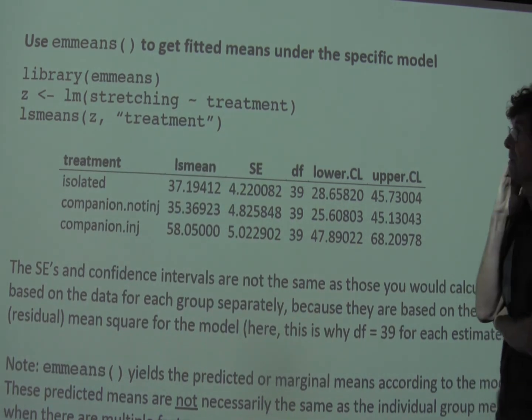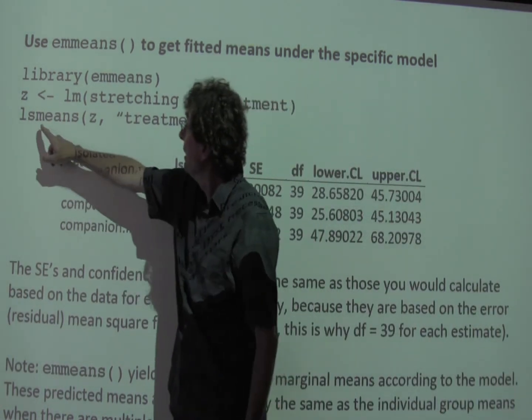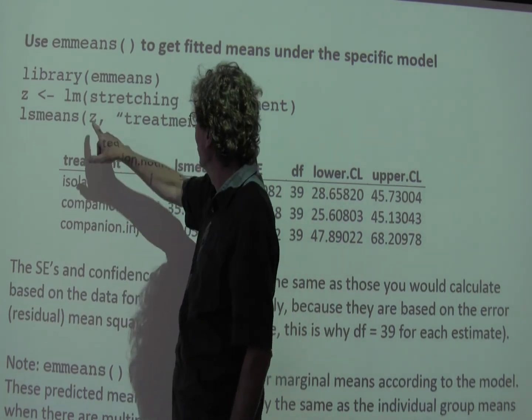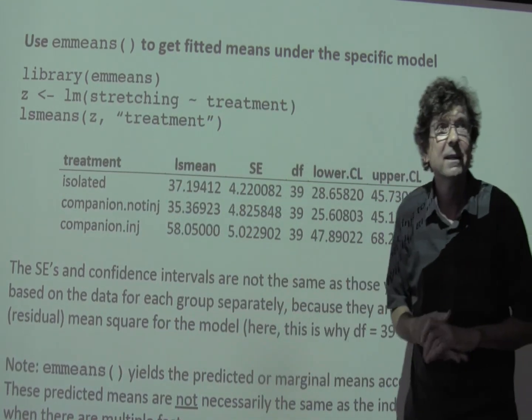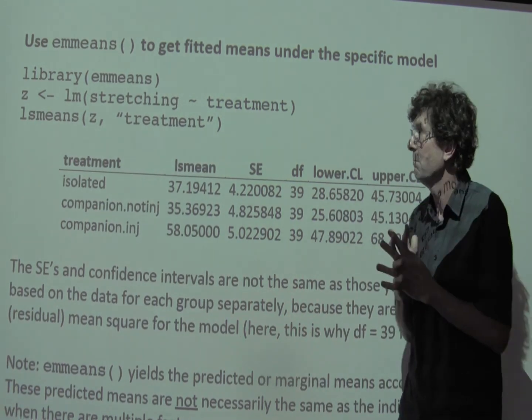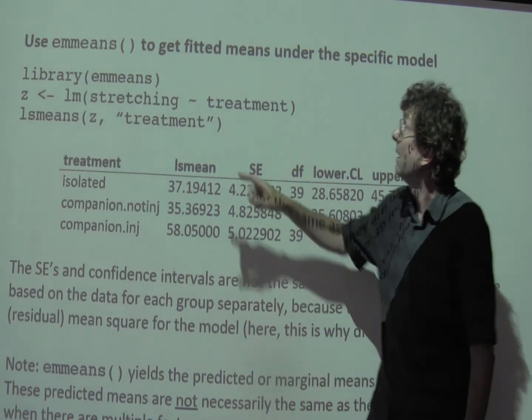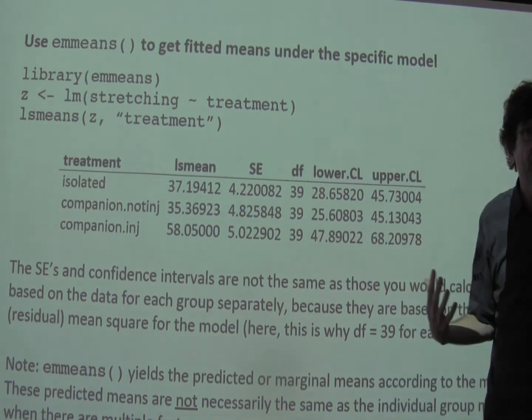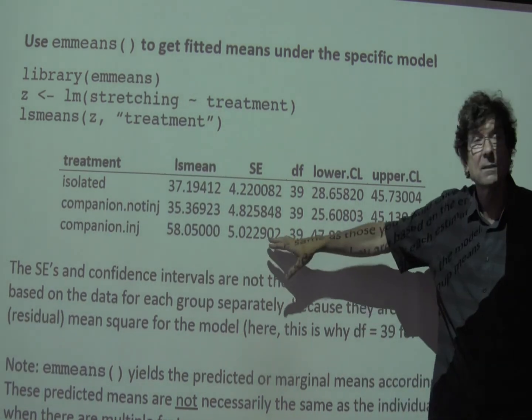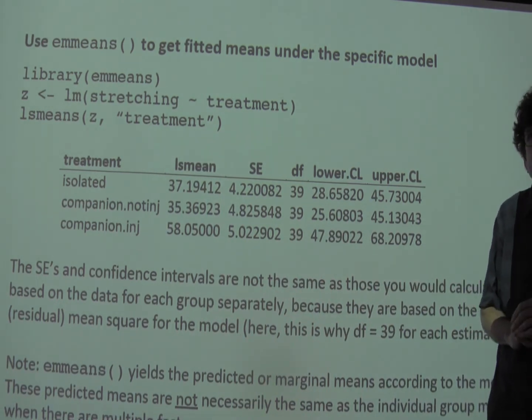I need to edit my notes now that the package has changed. But basically, all the goods are in Z. You apply this function emmeans to Z, focusing on treatment, and you get all the good stuff that you want: the magnitudes, and the uncertainties associated with those magnitudes, the confidence intervals.